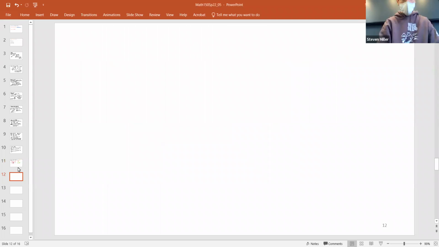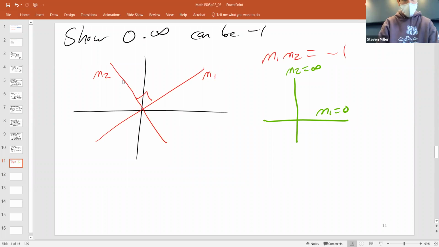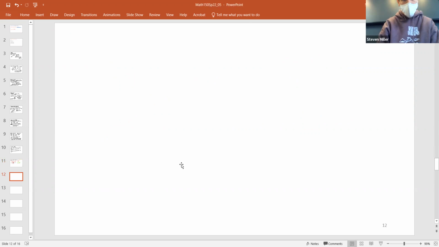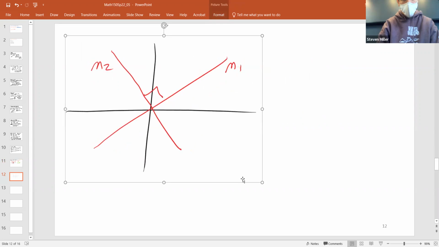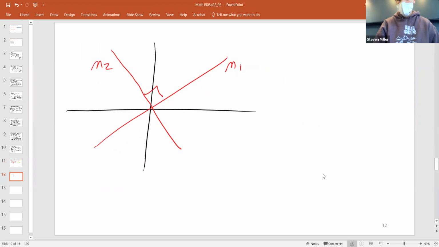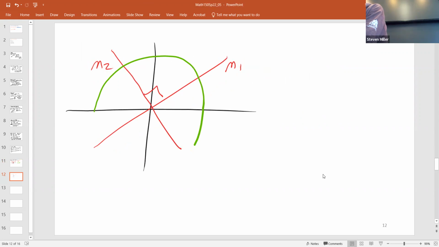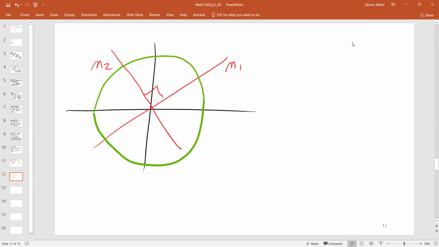As a quick proof, what I'm going to do is draw a really bad unit circle. Without loss of generality, I might as well assume that they intersect at the origin, right?